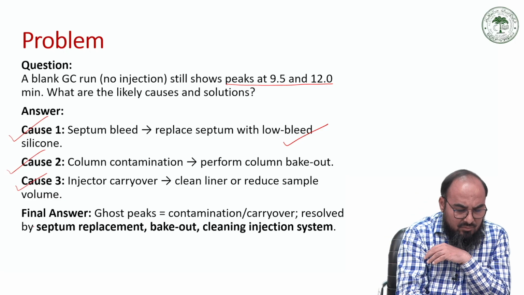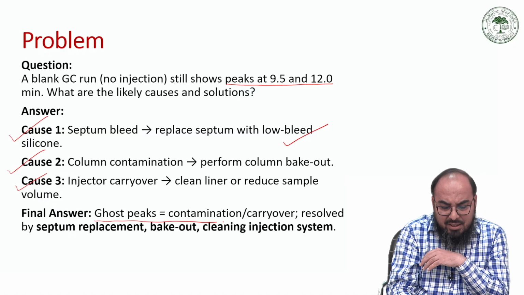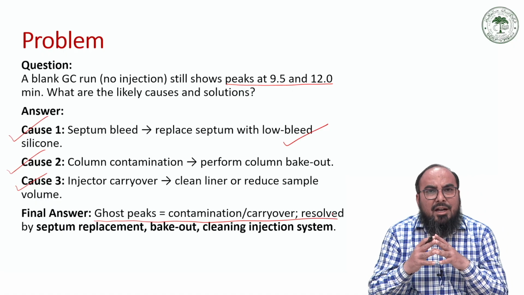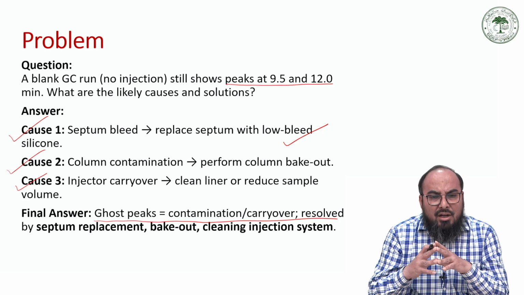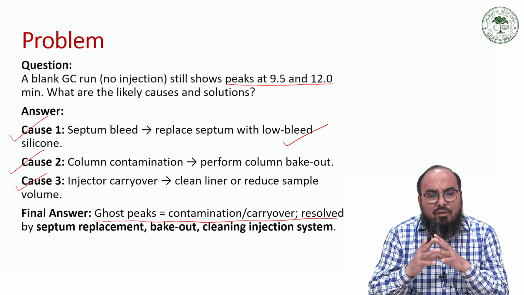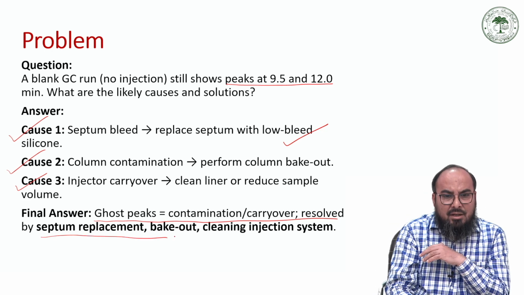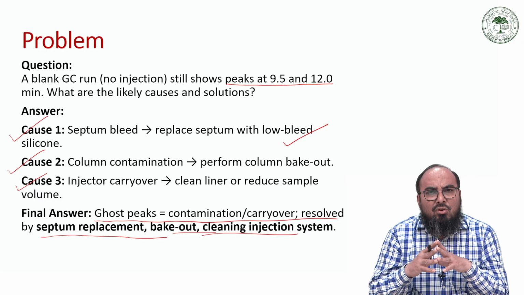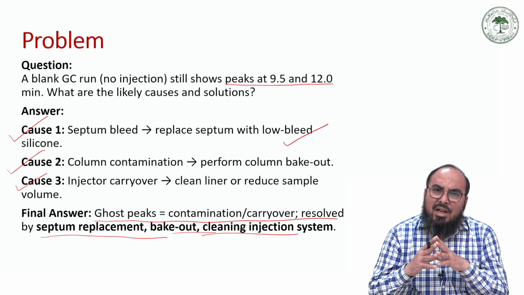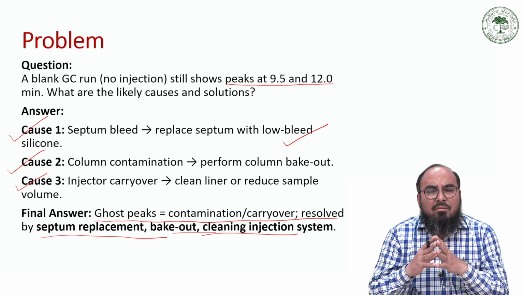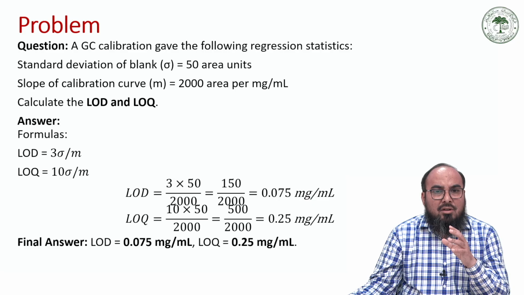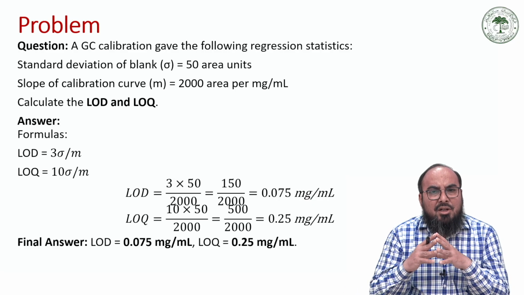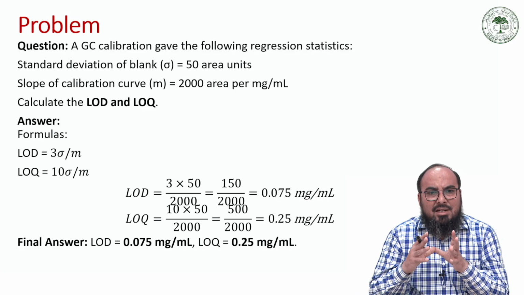So the final answer is these ghost peaks may be due to contamination or carryover, and you resolve it by septum replacement, by bakeout, and by cleaning the injection system. So you have to look for all these issues from time to time so that your column or your GC remains efficiently working.